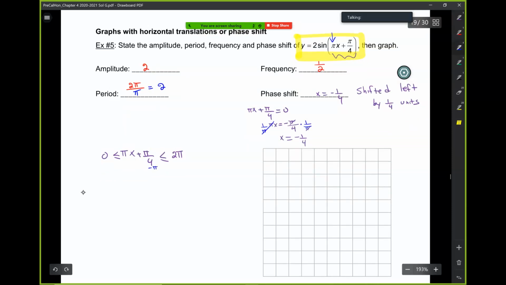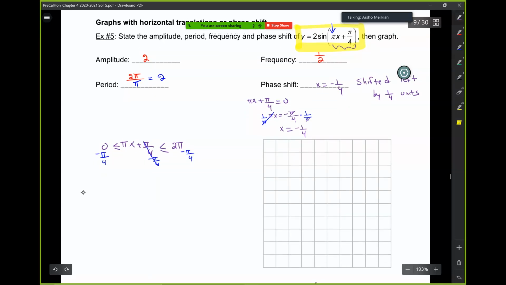So let's solve for x. Remember back in the day in algebra when you used to do this and you thought it was so pointless? But look, here's another application. Negative pi over 4, pi x, and then this one is 2 pi minus pi over 4, 7 pi over 4.